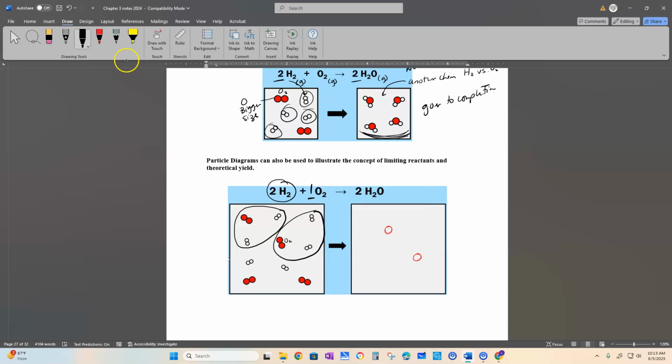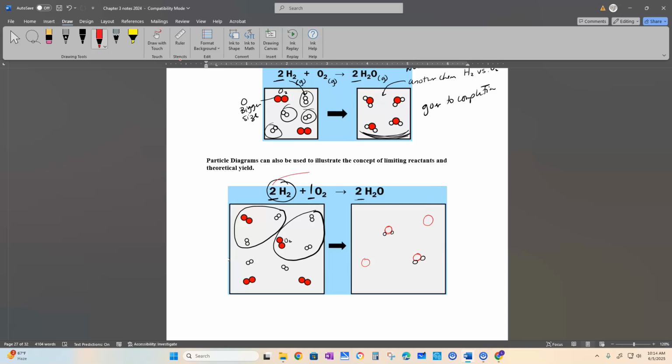And my hydrogens look like little Mickey Mouse ears. And right here, because it's 2 to 2, I actually have even more water that I produced. So I'm going to put another water and another water.